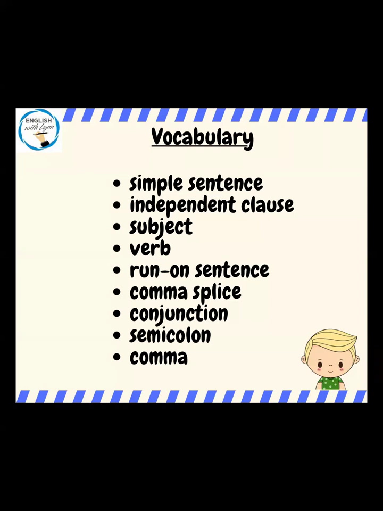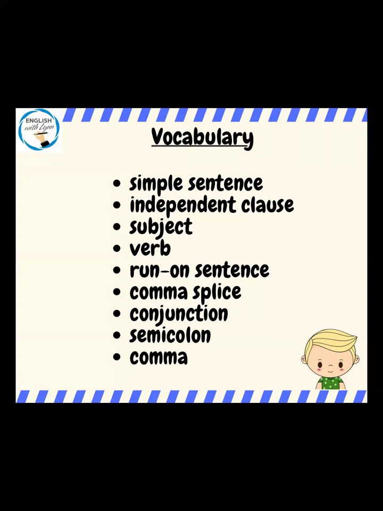Okay. We will also be talking about run-on sentences and comma splices. And in order to fix those, we will be using conjunctions, semicolons, and commas. Okay. And hopefully you will be able to use these when you're doing your writing.